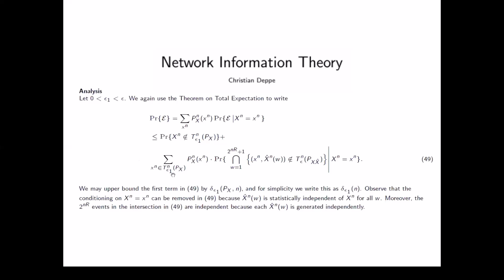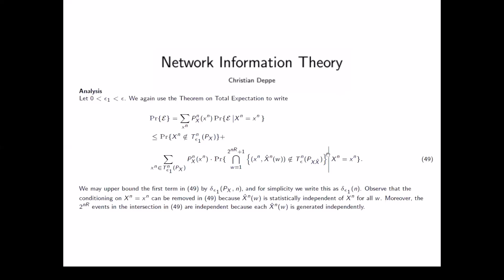If you look at the second part of the sum, we saw that the condition X n equals x n can be removed because x hat n is statistically independent of x n for all w. Moreover, all 2 to the n r events in the intersections are independent. Just think how we generate the codebook: we independently choose every symbol.